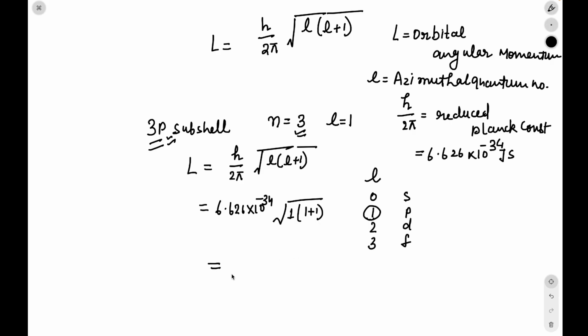Now solve it. 6.626 into 10 to the power minus 34 under root 2. It is not directly speed, but more like how strongly the electron orbits.